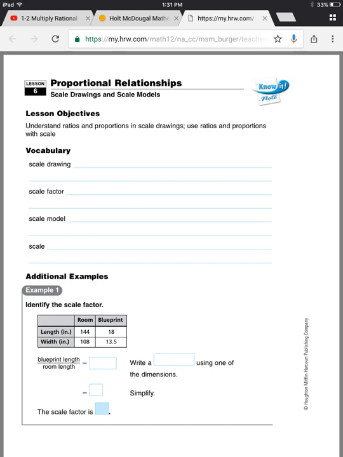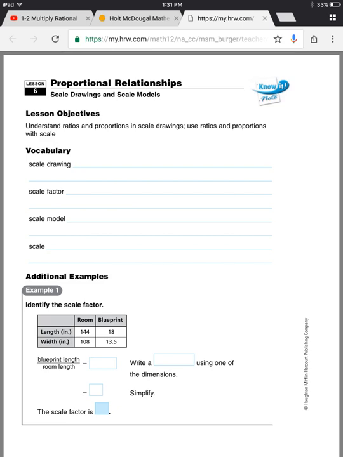So if you're looking on a map, 1 inch equals 100 miles, that would be a scale factor. A scale model is a proportional three-dimensional model of an object. So if you build a model bridge of an actual bridge, that would be a scale model. And the scale is the ratio between the two measurements.